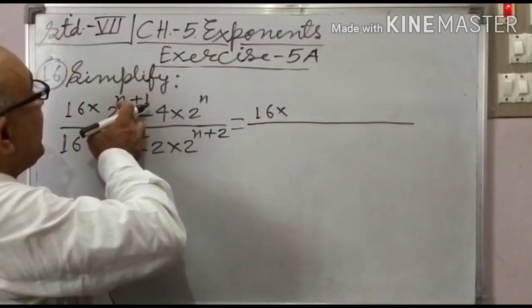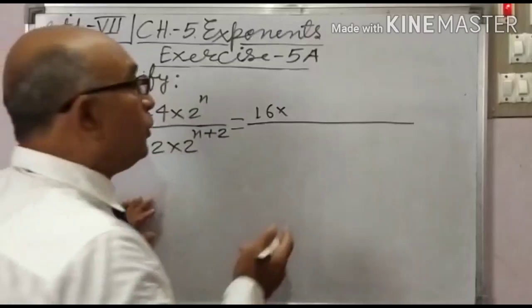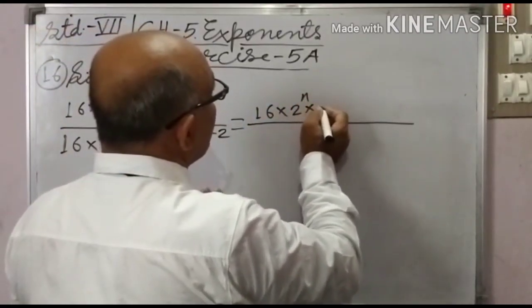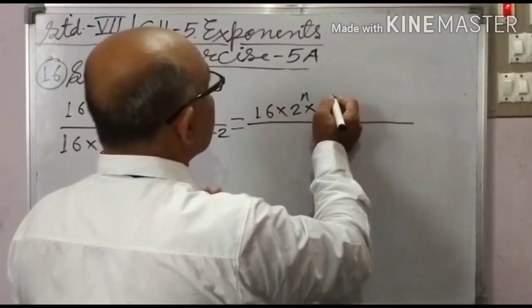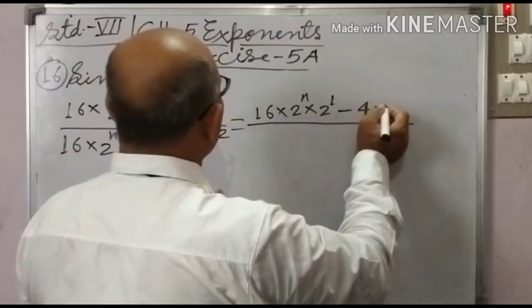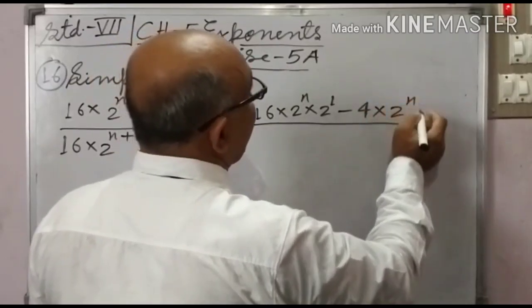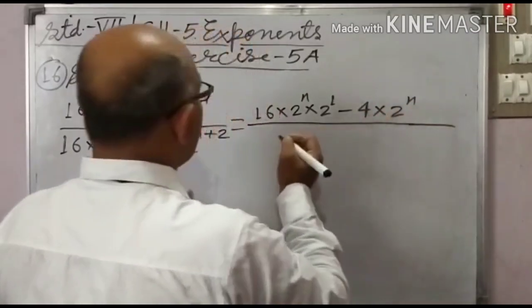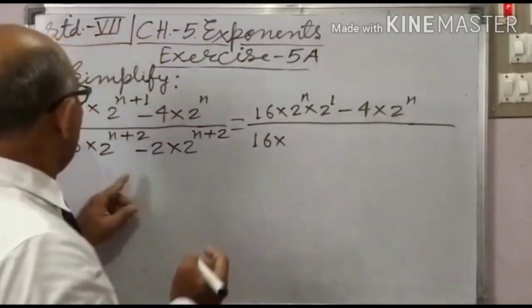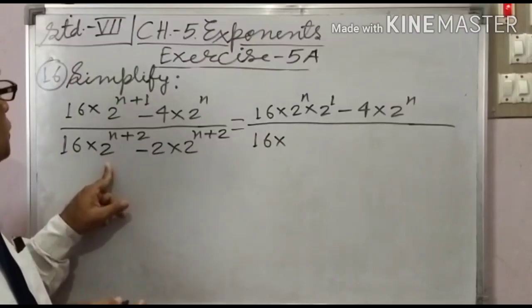That means 2 to the power n into 2 to the power 1, minus 4 into 2 to the power n, divided by 16 into 2 to the power n plus 2.